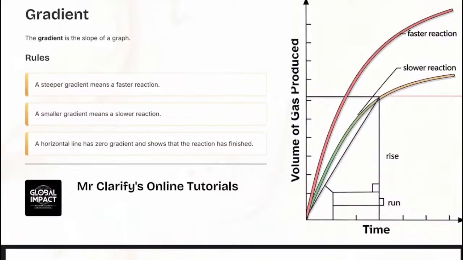Remember, it's the same thing I've been saying. A steeper gradient means faster reaction. So this one in red is steeper than the one in green. The one in green is not very steep at the beginning of it, so it's a slower reaction. The steeper you get, the harder it is to climb.